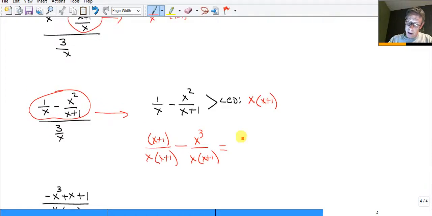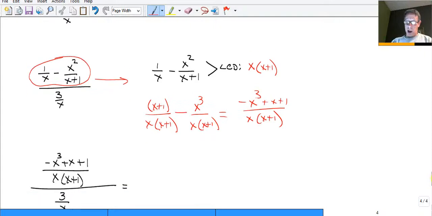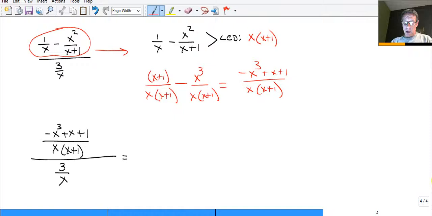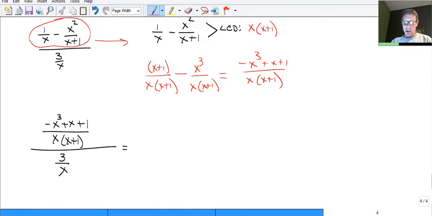And what we're going to have is a minus x cubed plus x plus 1 all over x times x plus 1. So what I've done is I spent all that time, and all I've done is got the numerator now to where it's one term, and we're ready for the next step.